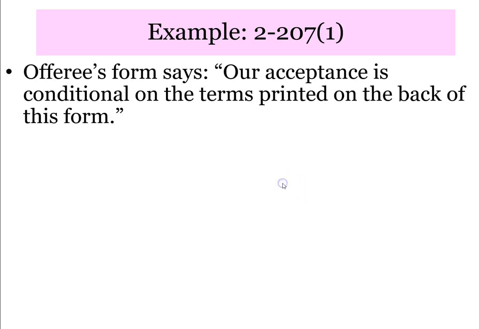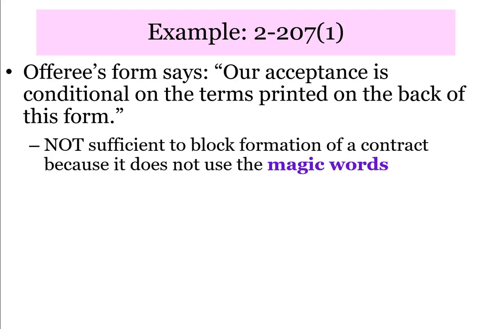Here's an example of how strict the rule is. If the offeree's form says, "Our acceptance is conditional on the terms printed on the back of this form," that language is not sufficient to block formation of a contract because it does not make acceptance conditional on the other party's assent to or acceptance of the additional terms.